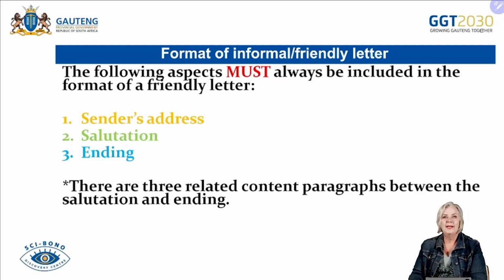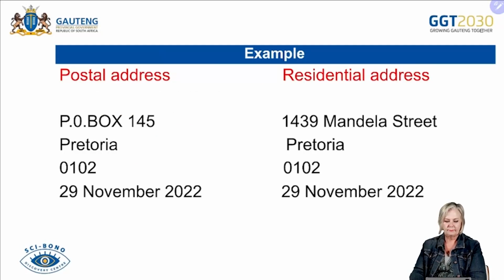Yours sincerely, your sincere friend, your sincere son, daughter, whatever the case may be. There are 3 related content paragraphs between the salutation and the ending. What that means is you basically have 3 paragraphs. Your introducing of the idea or the reason for writing the letter, an extension of the idea, and then your conclusion when you end your letter.